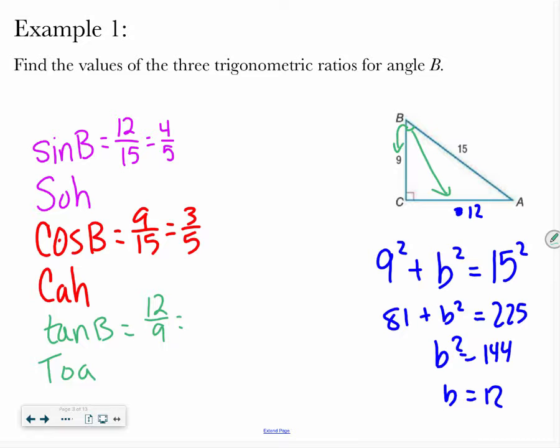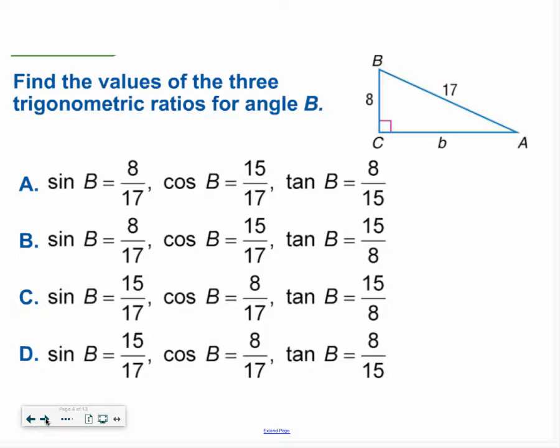If I reduce that fraction, I get 4/3. So those would be my 3 trigonometric ratios for angle B. Why don't you go ahead and try to find the 3 trigonometric ratios for angle B in this example?